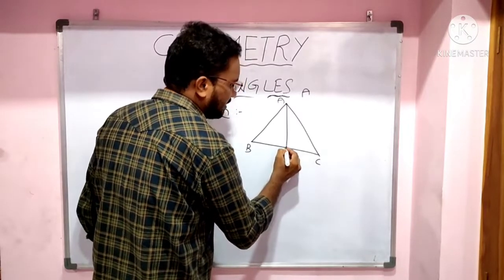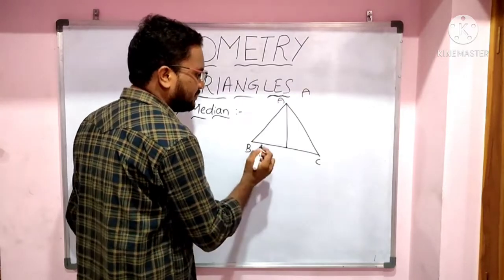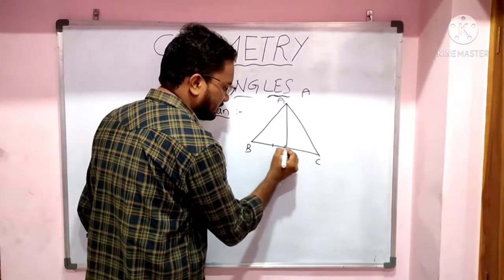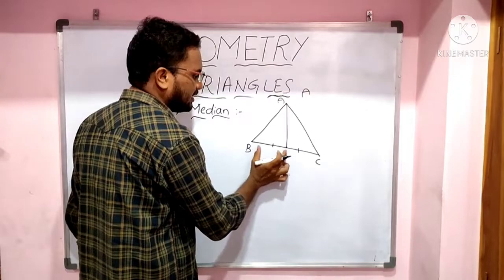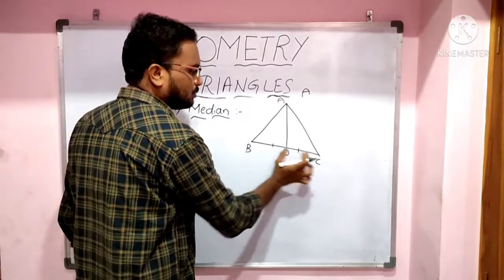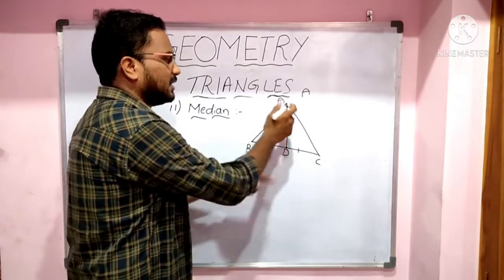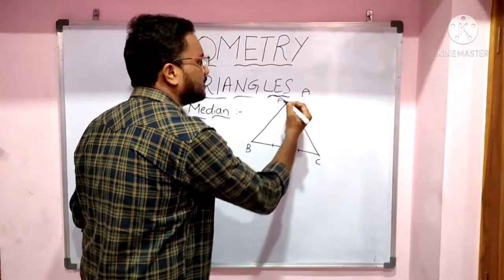Let us say this is D, the midpoint. This length and this length are both equal. The line drawn from the midpoint of a side to the opposite vertex is called the median of the triangle.